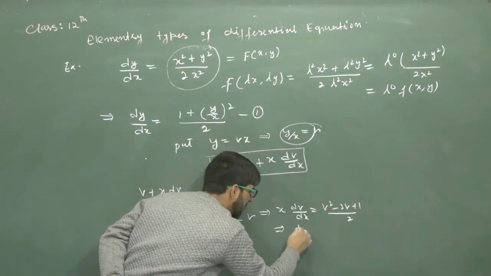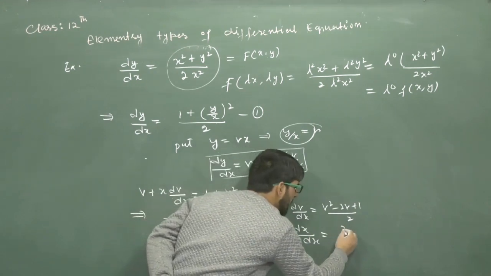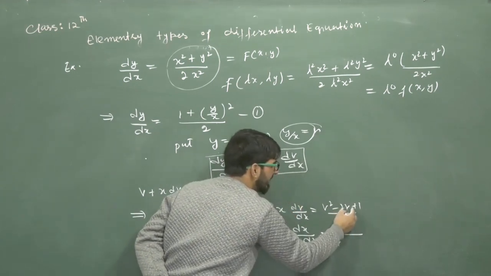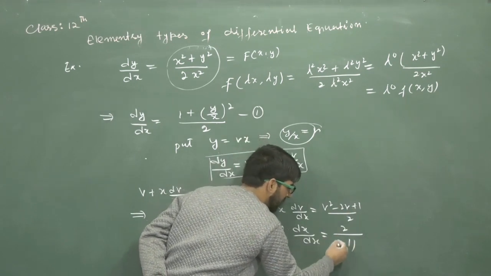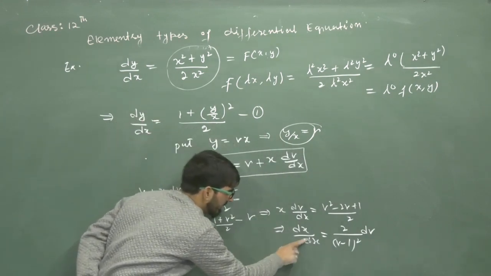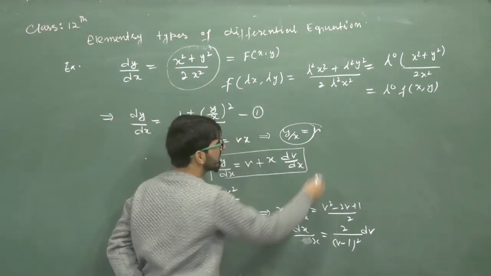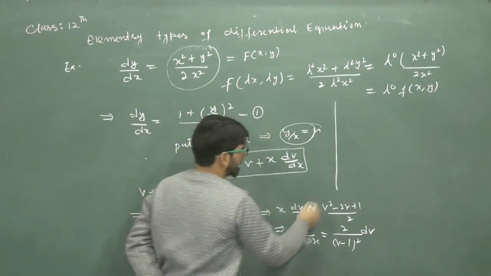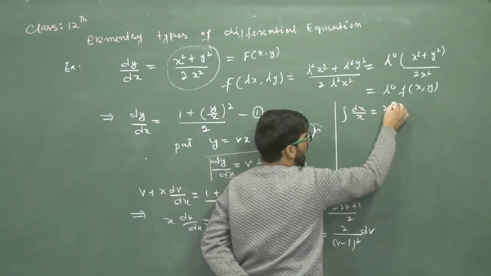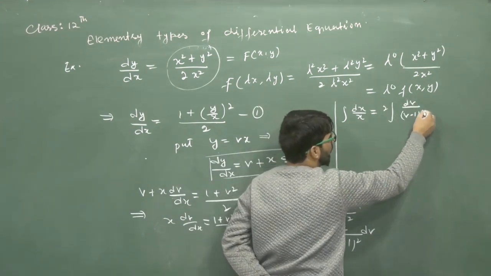Or we can say dx by x is equal to 2 divided by (v square minus 2v plus 1), which is the same as (v minus 1) whole square, dv. So integrating both sides, integral of dx by x is equal to 2 times integral of dv divided by (v minus 1) whole square.